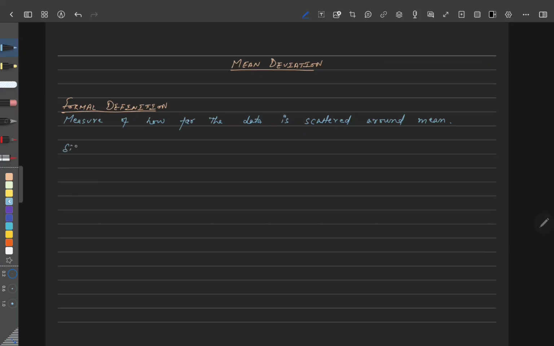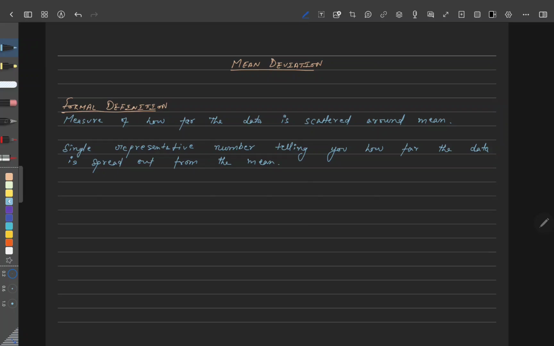So, single representative number telling you how far the data is spread out from the mean. Okay.